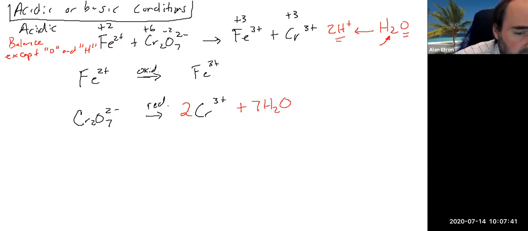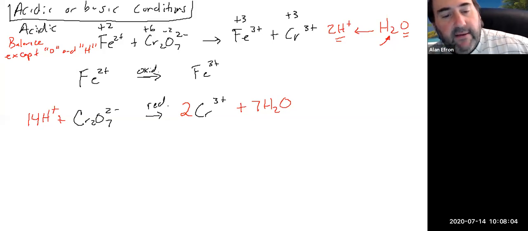Now, because we put those 7 waters, we need to add 14 H pluses to the left-hand side. And the 14 H pluses is to take care of the 14 hydrogens that we added. So one side gets water that needs the oxygen, the other side will get the H pluses, and again, you should be balanced.